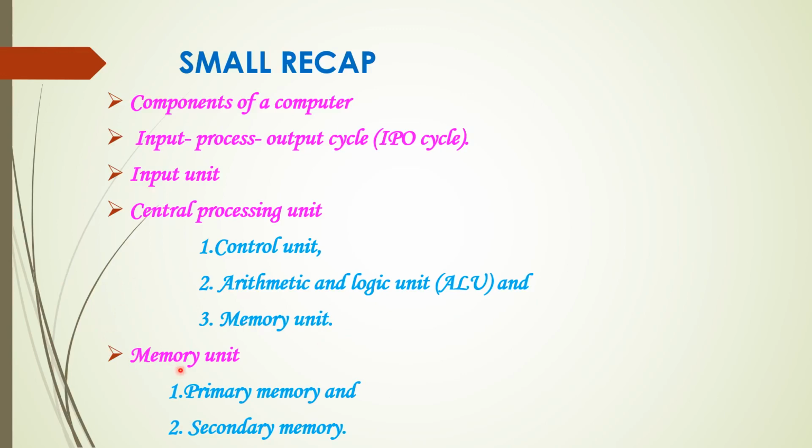This memory unit is of two types: primary memory and secondary memory. In between, we also discussed the output unit. So these are all the topics we discussed in today's session.